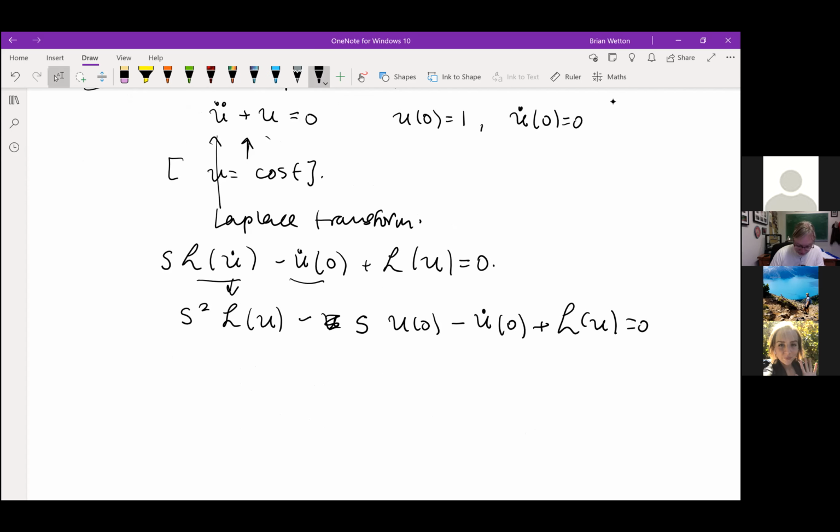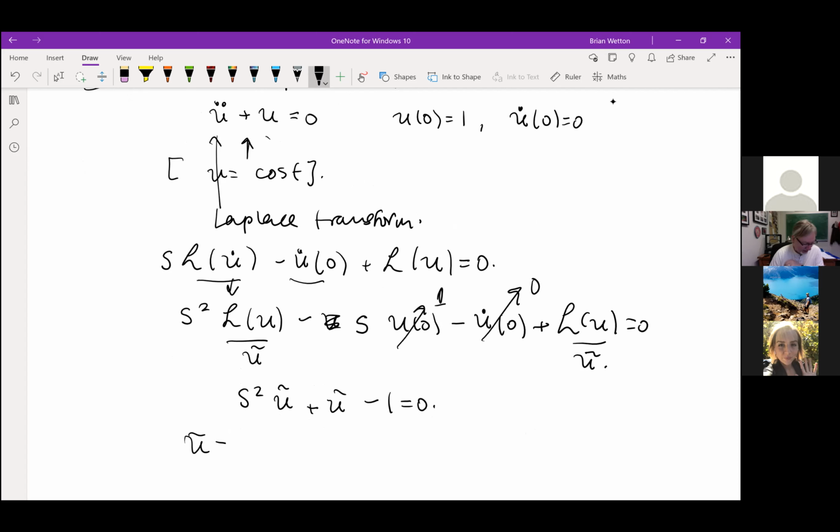So I'm going to call this U tilde. I know that this is 0 and this is 1. If I put that all together, I'm going to get s squared U tilde plus U tilde minus 1 is 0.